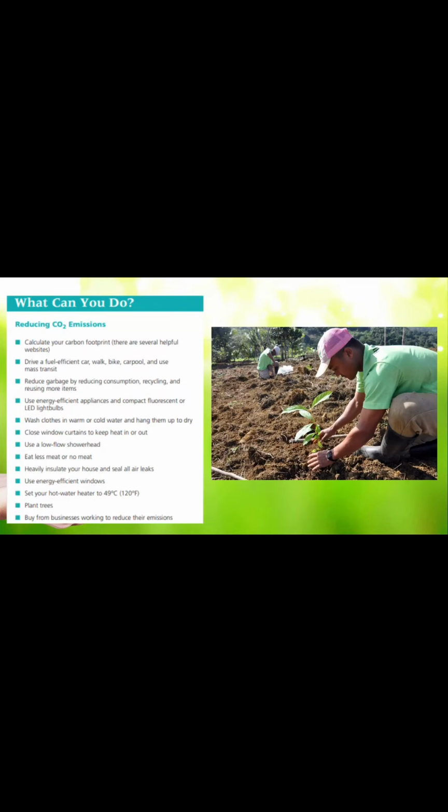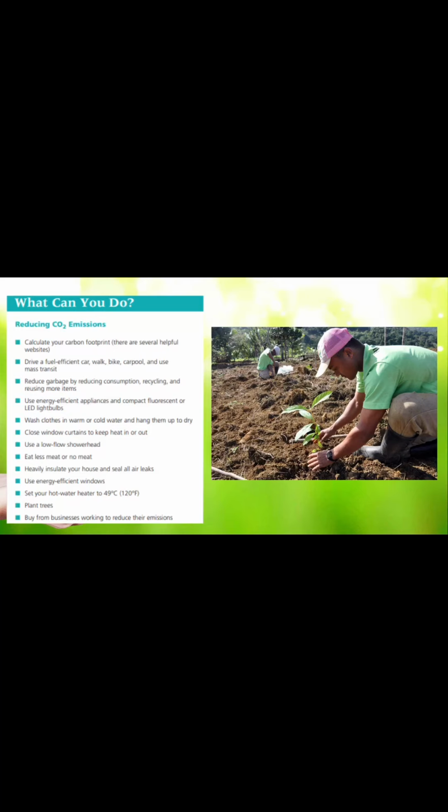So what can you do as a student and a citizen of this country? To reduce carbon dioxide emissions, you should calculate your carbon footprint, drive a fuel-efficient car or walk, bike, carpool, and use mass transit. Reduce garbage by reducing consumption, recycling, and reusing more items. Use energy-efficient appliances and compact fluorescent or LED light bulbs.